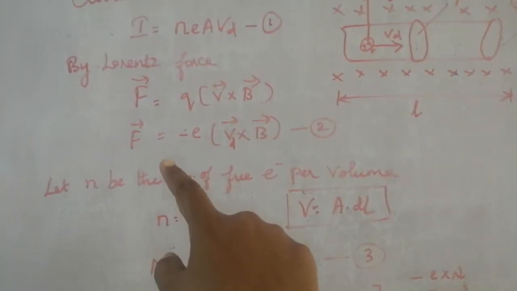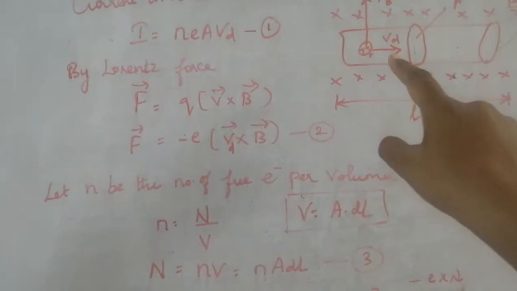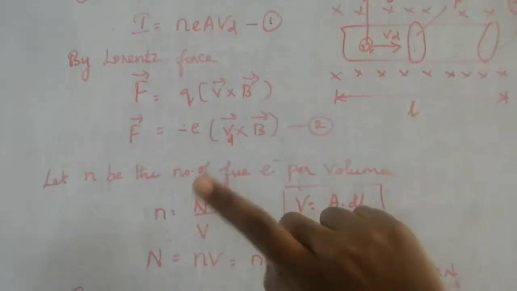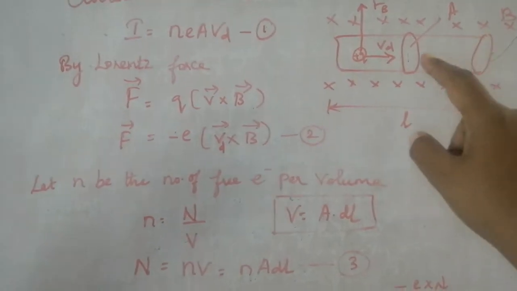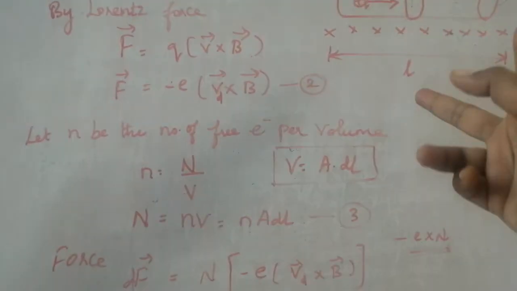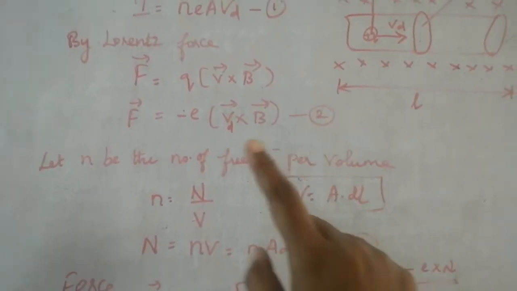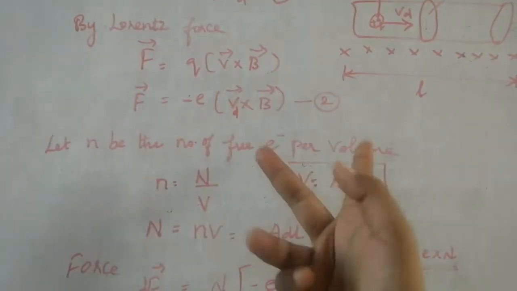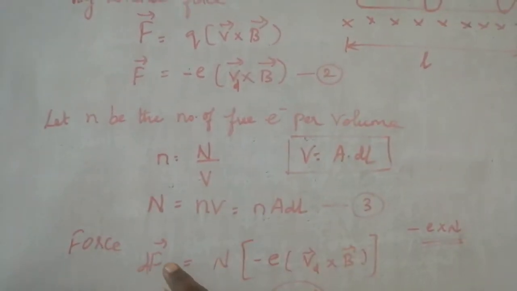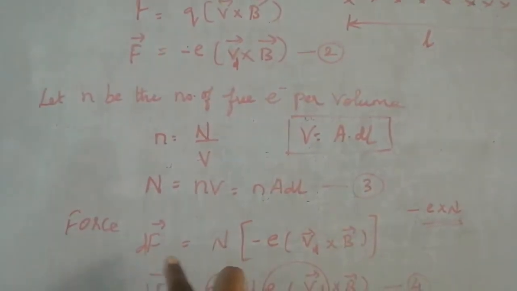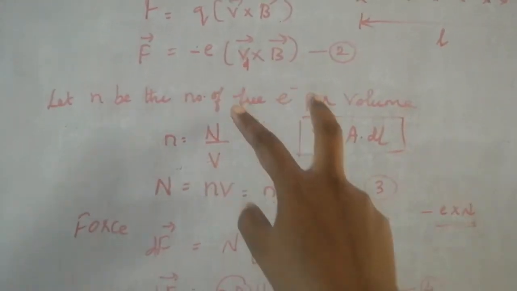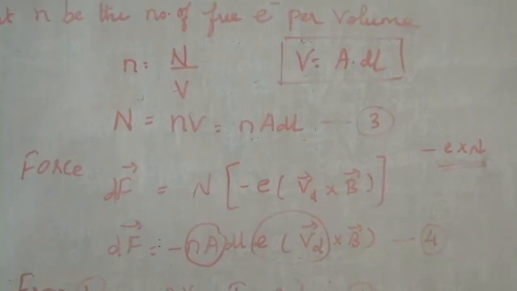The force given by the Lorentz force equation is for one electron, and in a conductor there will be N number of electrons flowing through the conductor. So for 1 it is this value, for 2 it is 2 times, for 3 it is 3 times. So for N number of electrons I have to go for N into this value. So the force is equal to N into this Lorentz force value.